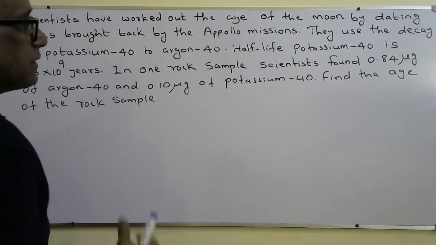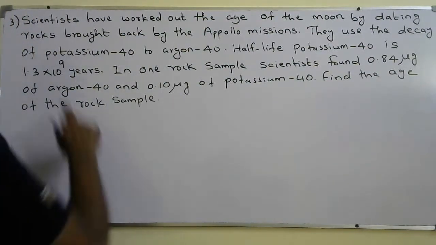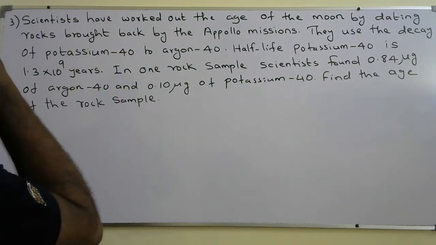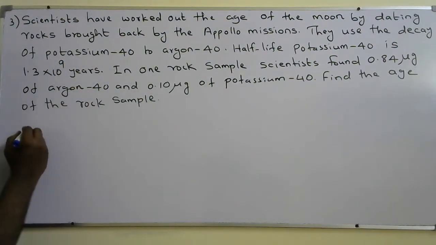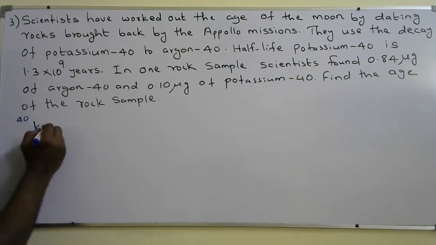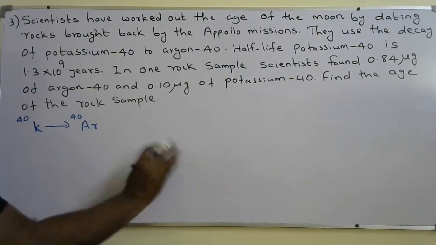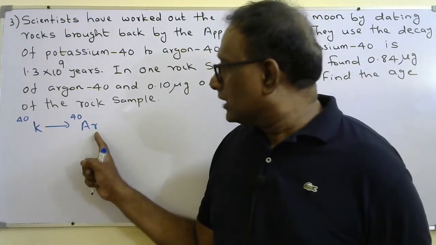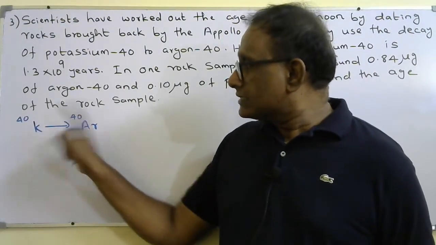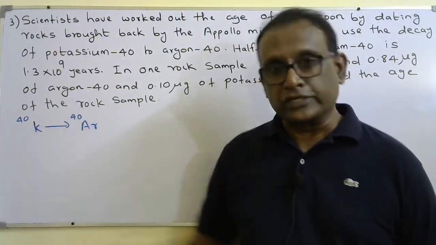So the idea here is that whatever argon is found is from the decay of potassium to argon. We know that potassium decays into argon, so we don't need to know what type of decay. Whatever mass of argon is found there was created from what was initially potassium.